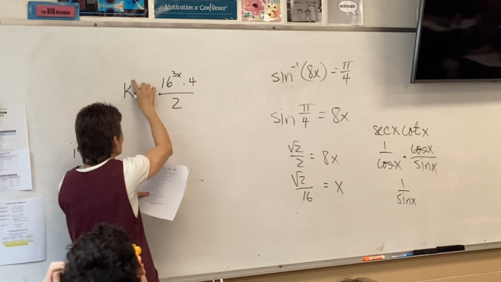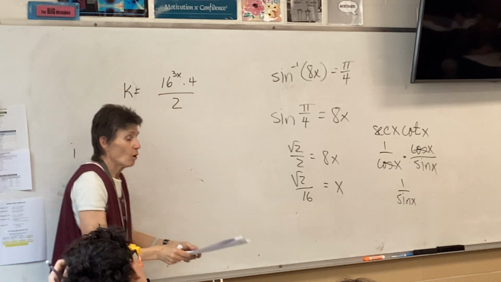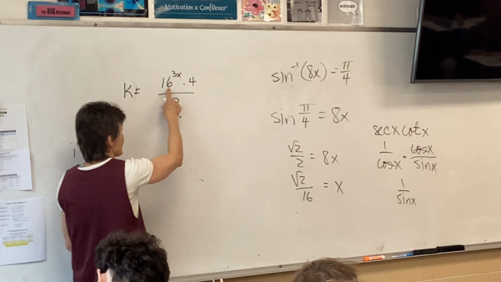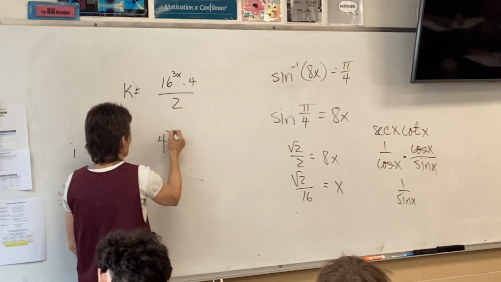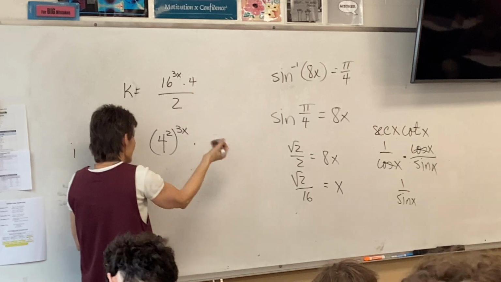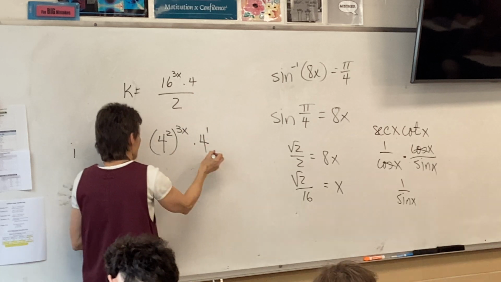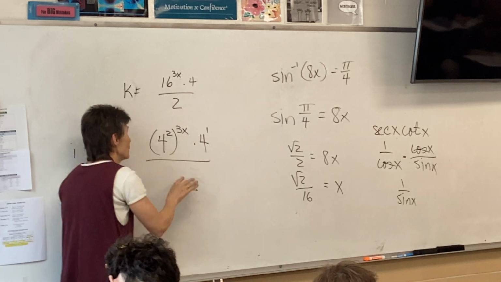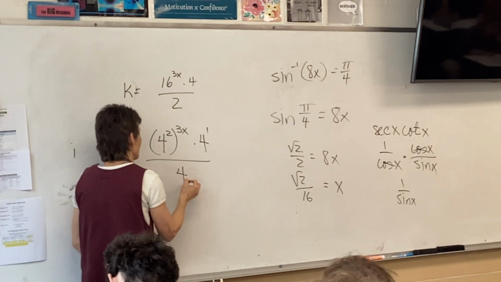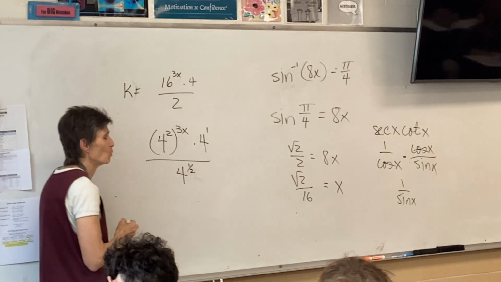You are gonna write this with only 4. So that's easy. 16 is 4 squared. 4 is 4 to the first. What about 2? What's 2? 4 to the 1/2. Square root of 4 is 4 to the 1/2.